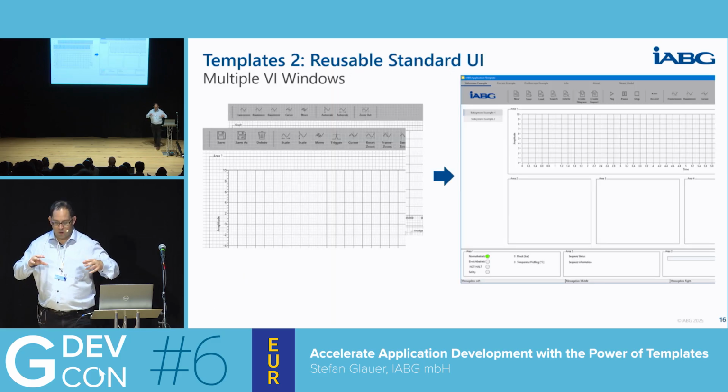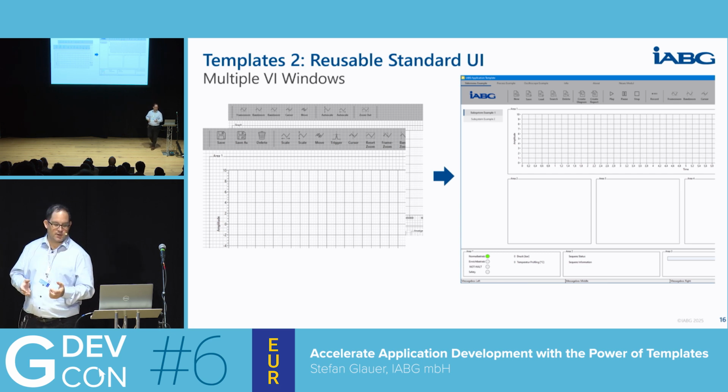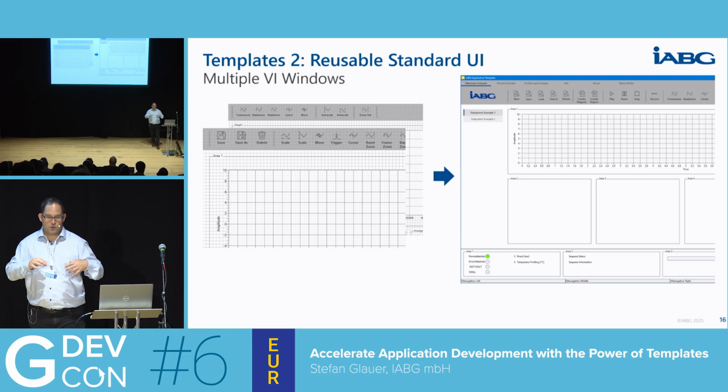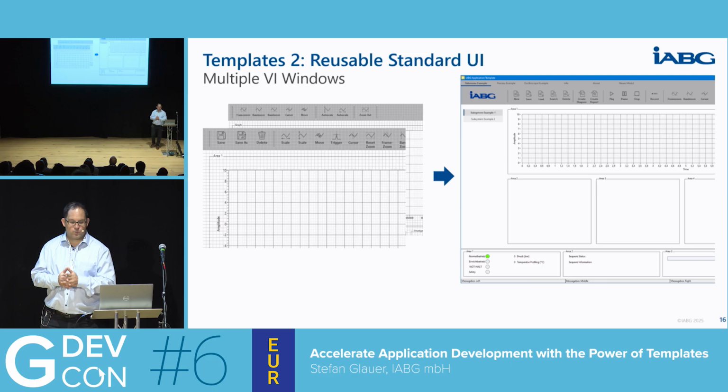But often our applications are more complex than just one front panel. We have a mix of different pages for different system functions, like a test process window, a system overview window, a manual control mode window, or configuration windows of different actuators or of our system.